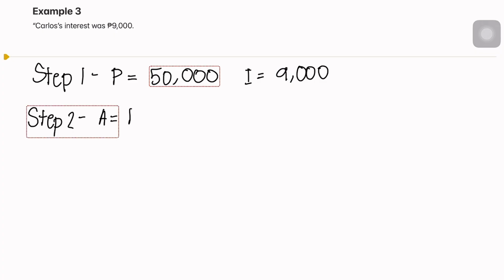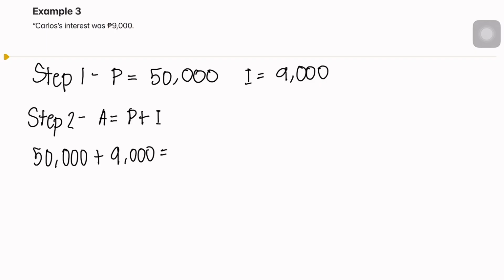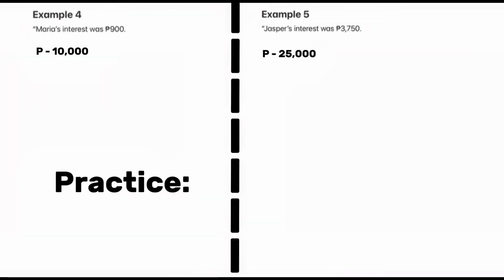Step 2, using the formula A equals P plus I, we substitute: 50,000 plus 9,000 is equal to 59,000. So that's the future value that Carlos will pay next time. I have 2 examples here so you can try and answer them by yourself.